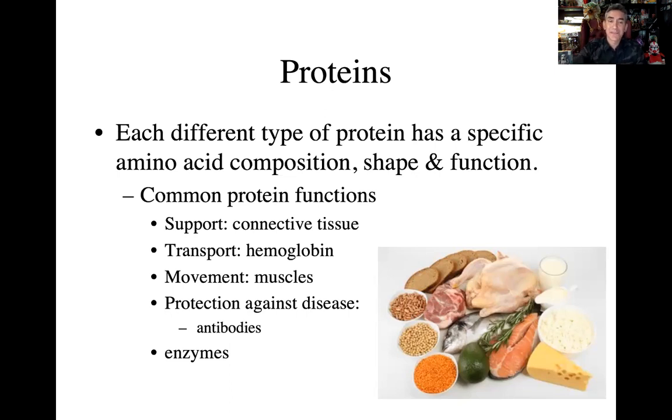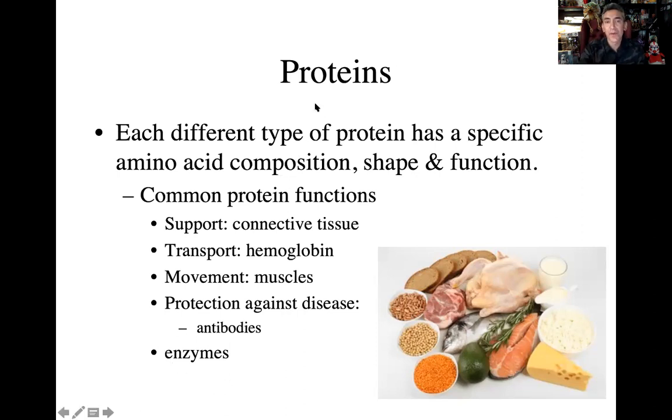A lot of protective proteins. You might have known about our antibodies, immunoglobulins. These are important proteins that circulate in our blood and help fight off disease, things that we've encountered in the past, things that we're newly being subjected to and trying to build up immunity there, right? And we've hinted on these a little bit, the idea of enzymes.